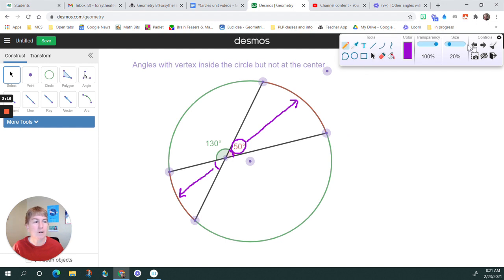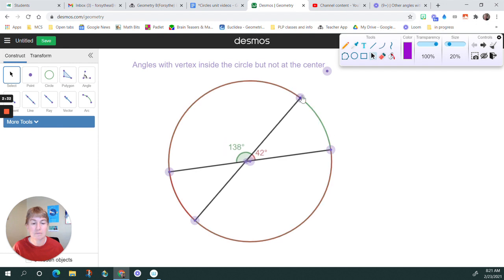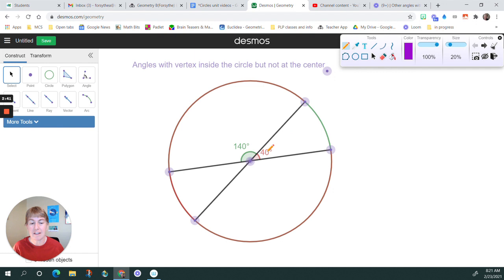Does this still work if that point happens to be the center of the circle? The answer is yes, but it turns out to be a little silly, because in this case, my two angles are the same there.